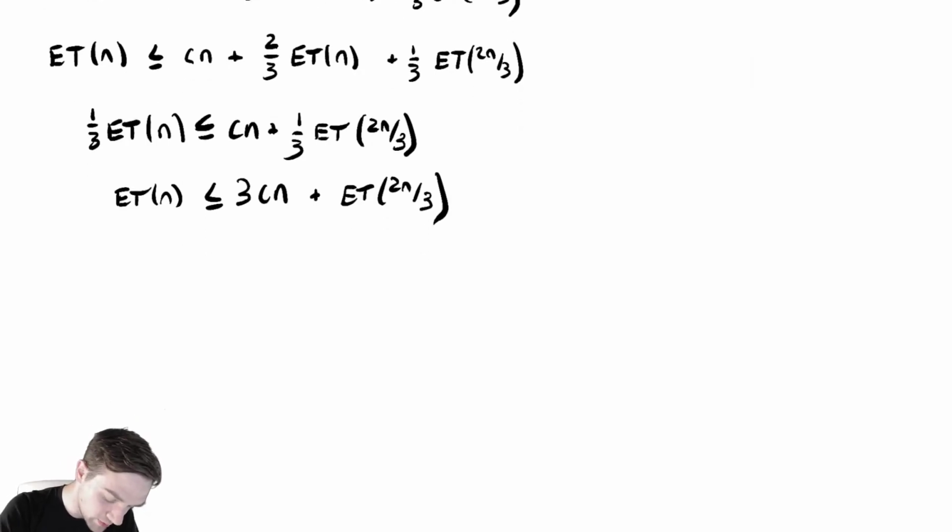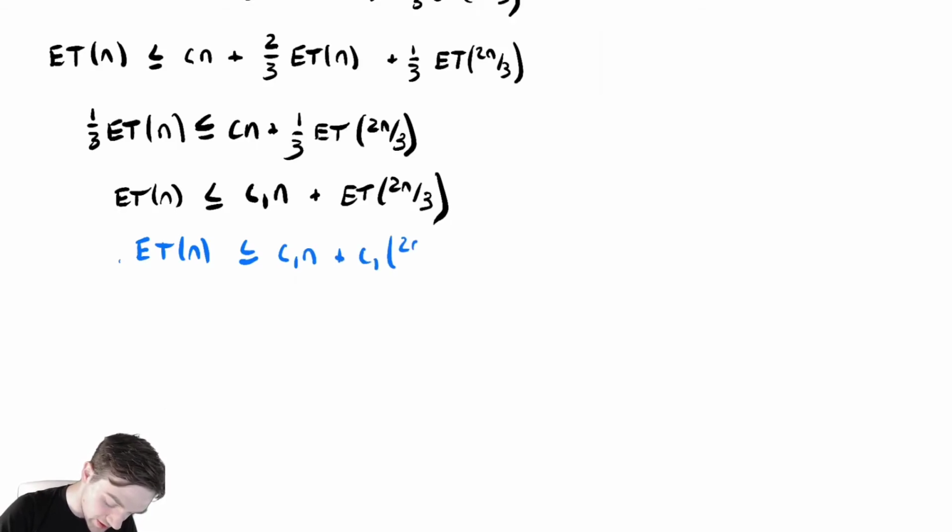Let's do one minor adjustment, which is change 3c to be c1n. Let's proceed by doing substitutions. We can do this as E[T(n)] is less than or equal to c1n plus, making a substitution, c1 times 2n over 3 plus E[T] of 2n over 3 times 2 over 3, which is 2 squared n over 3 squared.